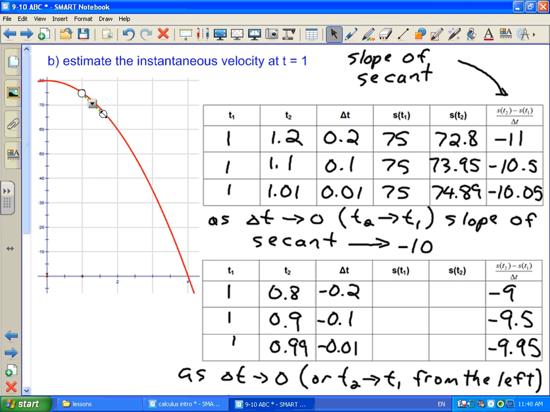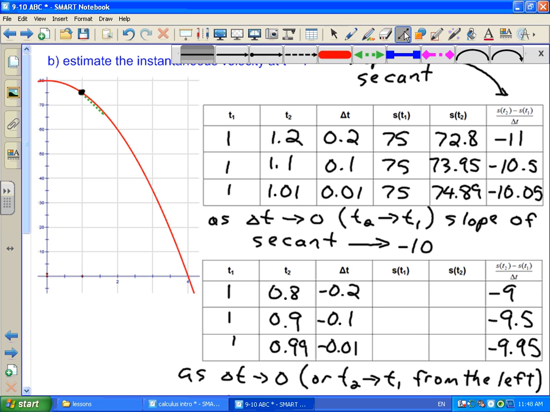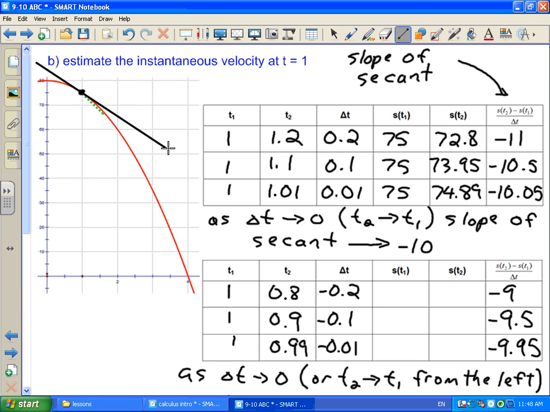And we call that line that only intersects at a single point a tangent. Okay, so this is the tangent to our curve.